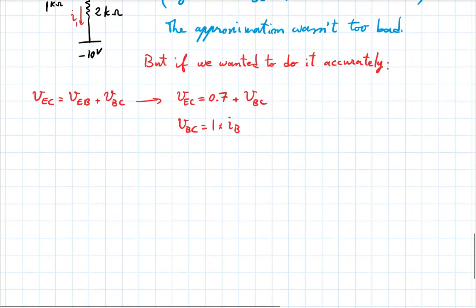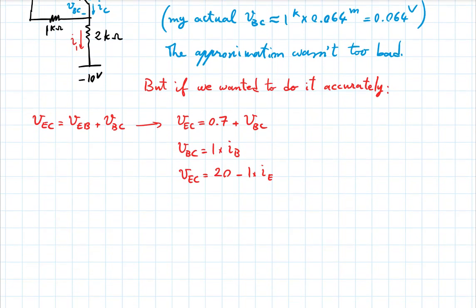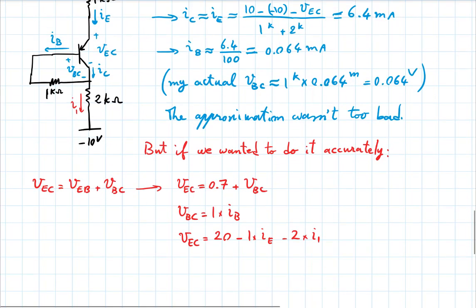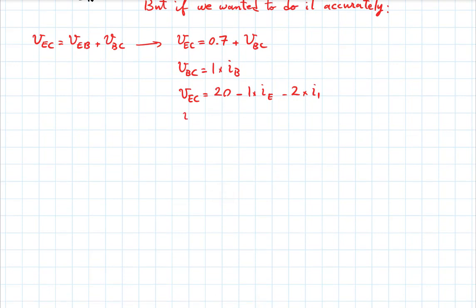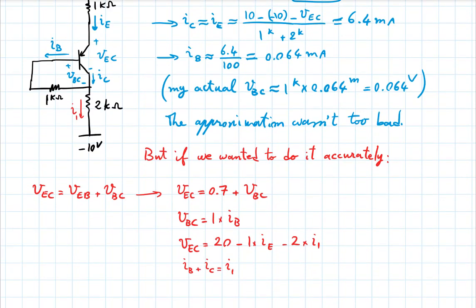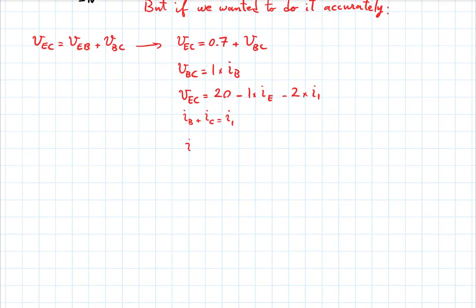I can write it like this: VEC is the 20 volts minus 1K times IE, that's the voltage drop there, minus 2K times I1. And I also have the KCL that tells me IB plus IC is I1. And I also have the transistor relationship with a beta of 100: IC is 100 times IB.